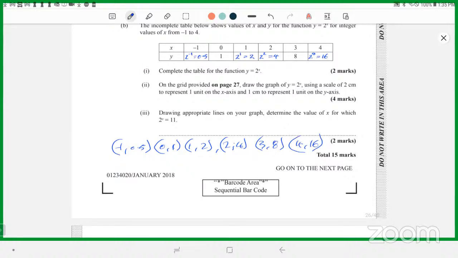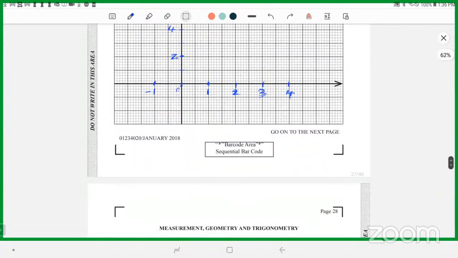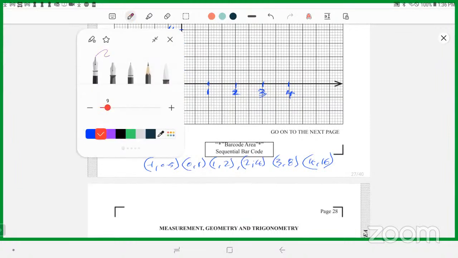These are the points from these values. I'm going to copy this down so I have it in front of us to work with on the next page. Let's go down here and put them down here. Let me use a red ink to put on the points.